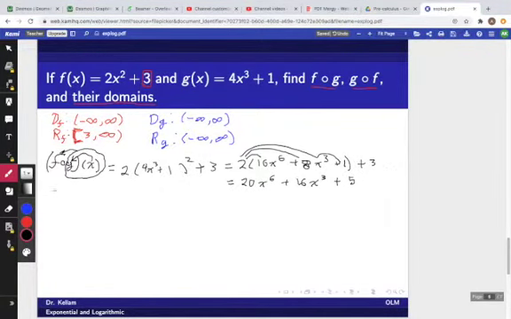Well, let's talk about the domain. The domain of f of g is going to be a subset of this domain. And we ask ourselves two questions to figure out what the domain of f of g is. First question: does the domain of g have any restrictions?